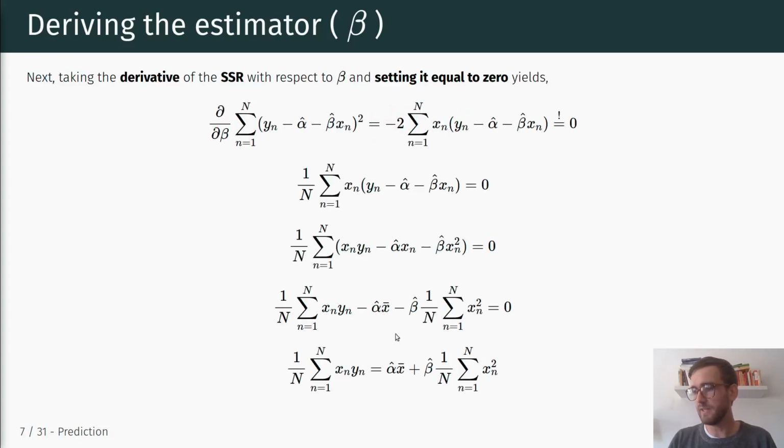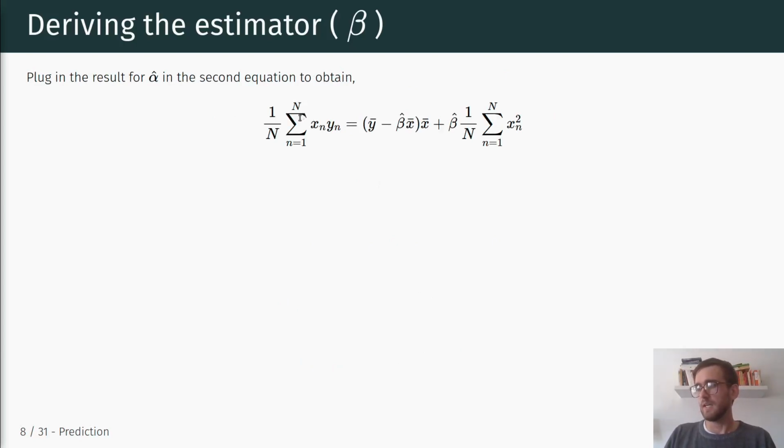We're just going to plug this in here, so we're getting rid of the alpha, and this becomes only a function of beta, as well as the stuff that we observe, which is x and y. So after we plug this in, this stays the same. We have our old alpha hat that became y bar minus beta hat x bar, times x bar, and this stayed the same as well.